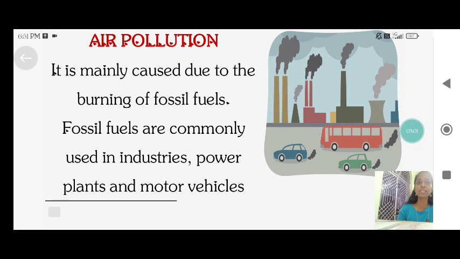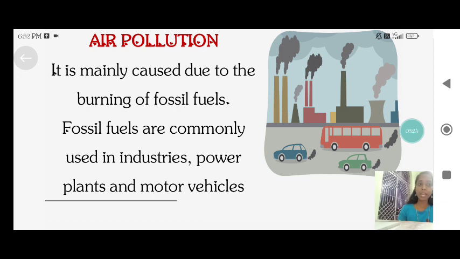Air pollution is caused due to the burning of fossil fuels, and these fossil fuels are commonly used in industries, power plants and motor vehicles. So the emission of harmful gases or particles into the atmosphere, primarily from industrial activities, is air pollution.